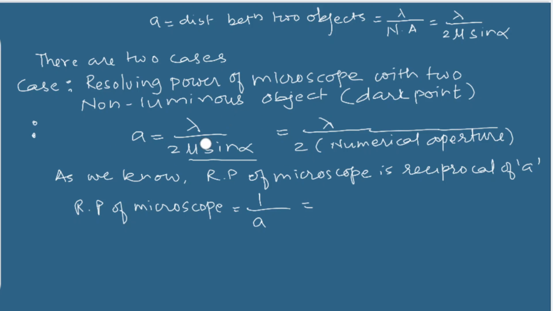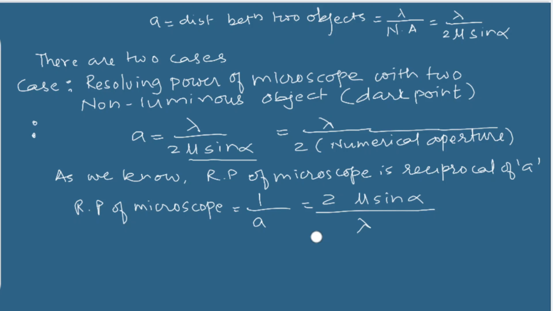Taking the reciprocal, this value will go up, so it will be 2 mu sine alpha divided by lambda.